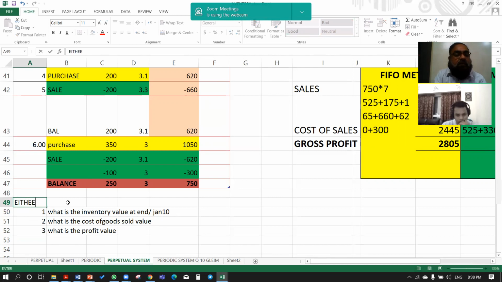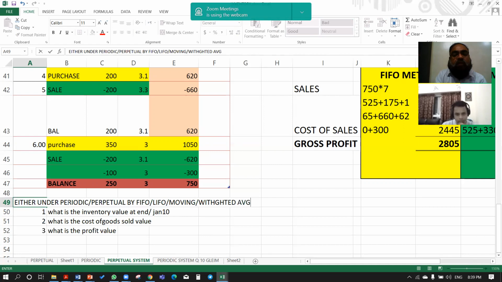Either under periodic or perpetual, by FIFO, LIFO, moving average, or weighted average.